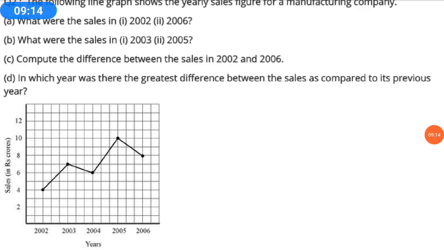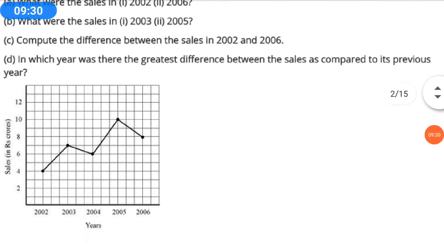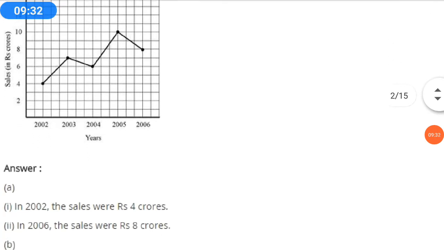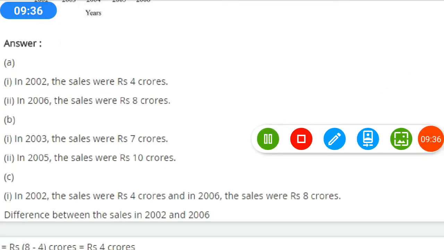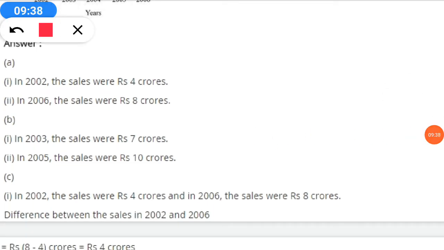Then in which year was there the greatest difference between the sale as compared to its previous year? So सबसे ज़्यादा आपको difference between sales as compared to the previous year when you had managed, that is in the year 2005. How many sales are there? 10 sales are there. So here we are having the answers which I had already explained you while seeing the question. In 2002 the sale is 4, that means mentioned in the crores itself, and in 2006 it will be 8 crores.